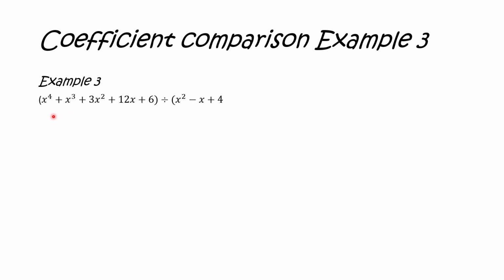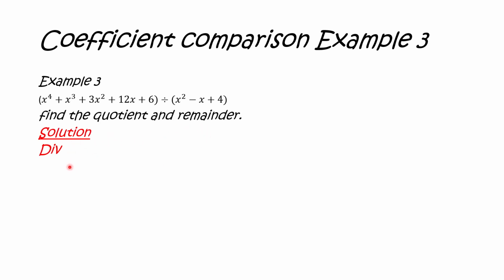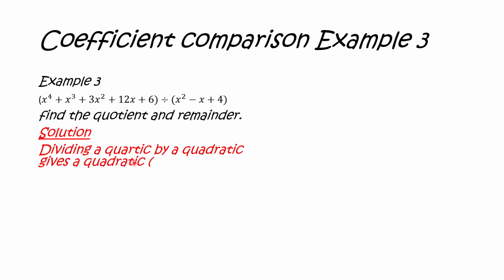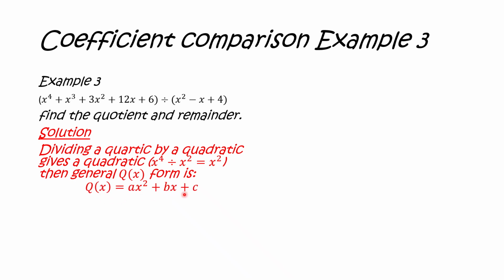With example 3, we have a quadratic being divided by a quadratic. So we are asked to find the quotient and the remainder of this. So knowing that a quadratic divided by a quadratic would give us a quadratic expression, we would consider that in our expected quotient.